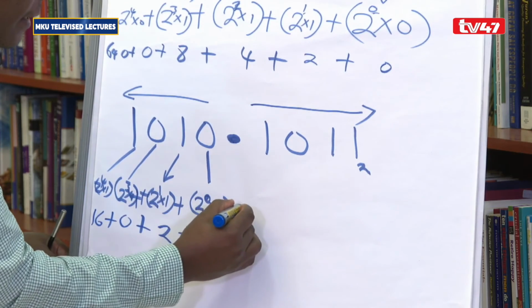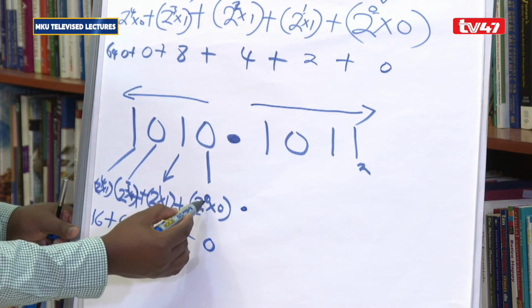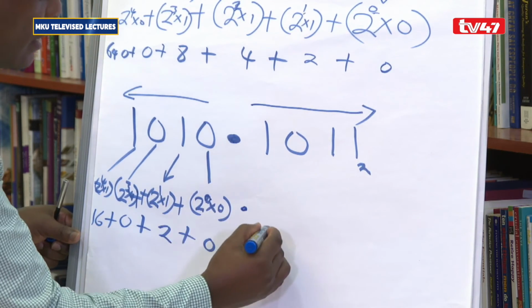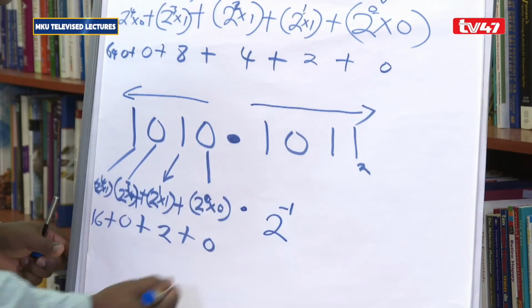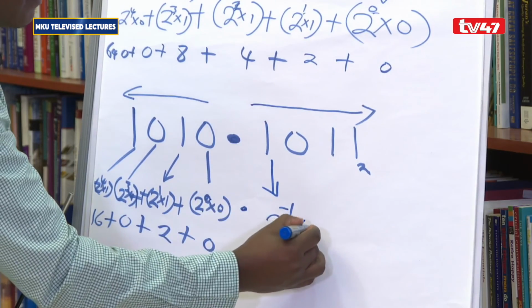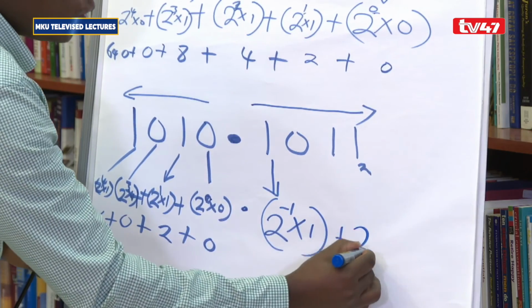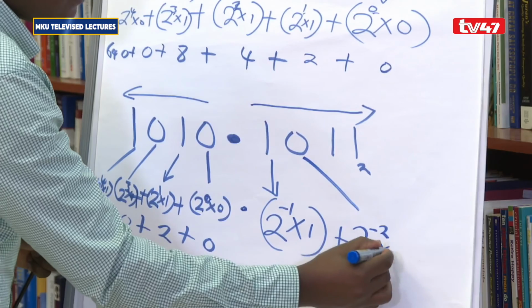But from the decimal point moving towards this side, you will not start with 2 to the power 0. We start with 2 to the power negative 1, because this is a fractional part, times this number, which is 1. Plus 2 to the power negative 2 times this 0.